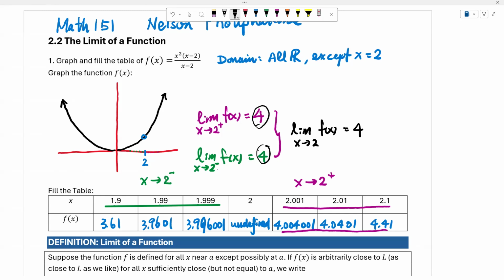Therefore the limit exists and the limit is equal to 4.